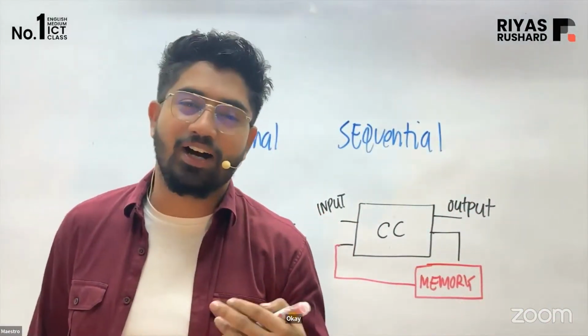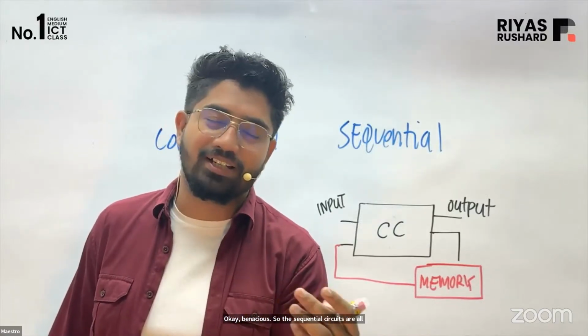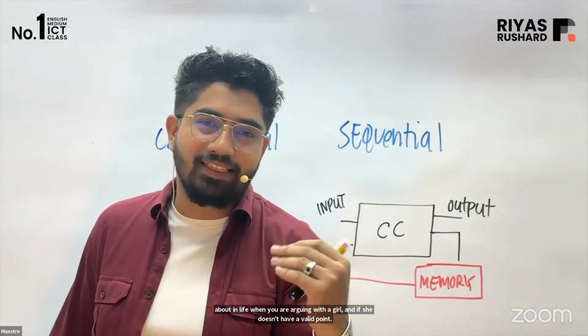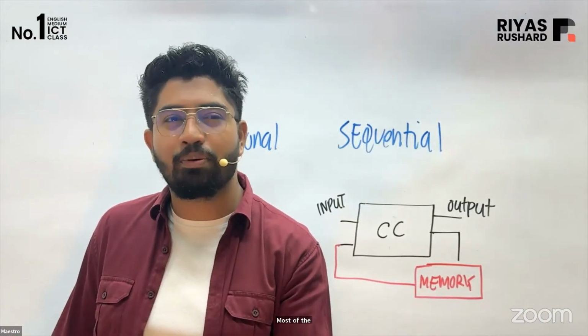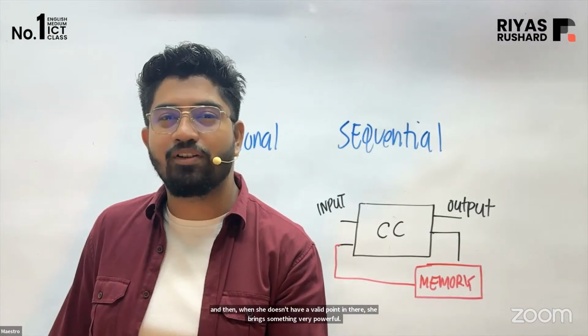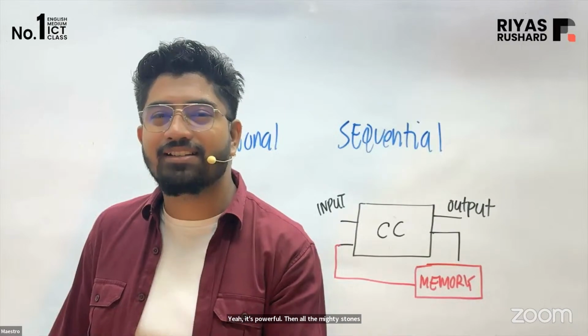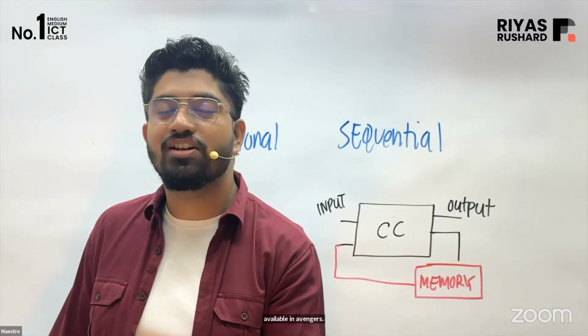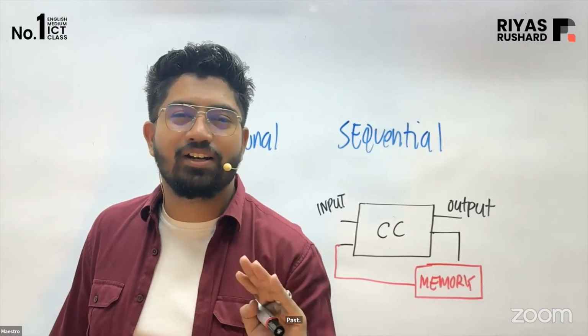In life, when you are arguing with a girl and she doesn't have a valid point, most of the time she doesn't talk in terms of logic. And then when she doesn't have a valid point, she brings something very powerful. It's more powerful than all the mighty stones available in Avengers. That's the tool of the past. She brings the past.